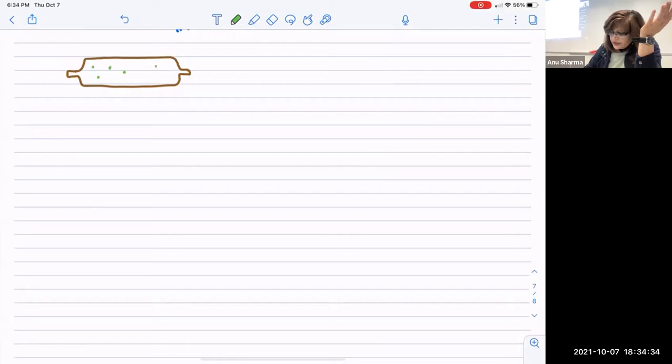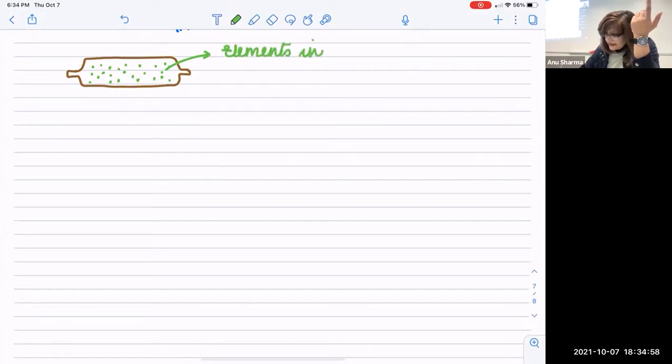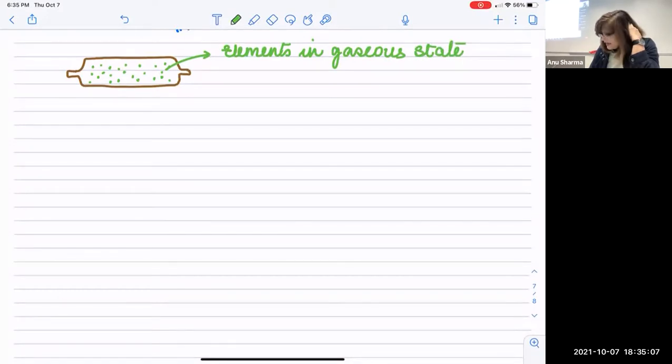You take a metal like mercury and heat it at such a high temperature that it boils and converts into the gaseous form, the vapors. All elements can be converted to gases just by heating them. So that's the purest form in which the elements can be found.